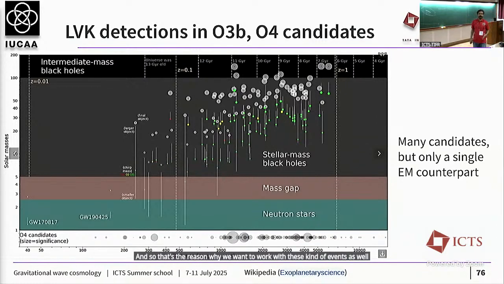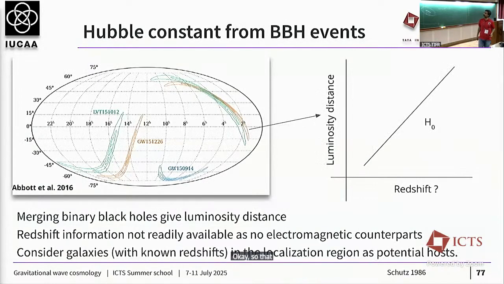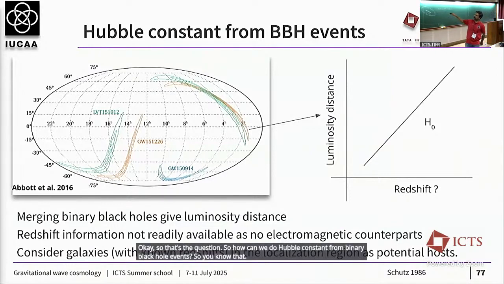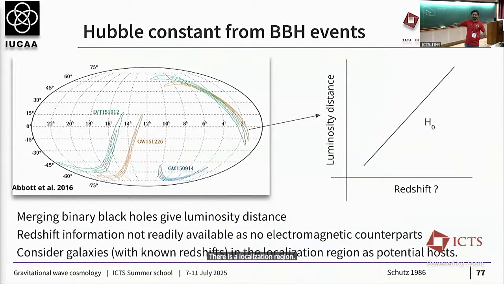So how do we do it? So how can we measure the Hubble constant from binary black hole events? You know that there is a localization region, a large swath of the sky. These merging binary black holes will give you the luminosity distance, and the redshift information is not readily available. So you need to basically find some redshifts.